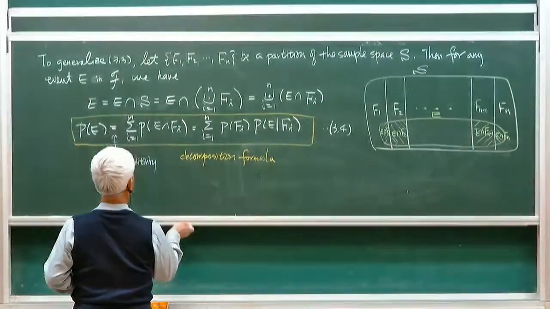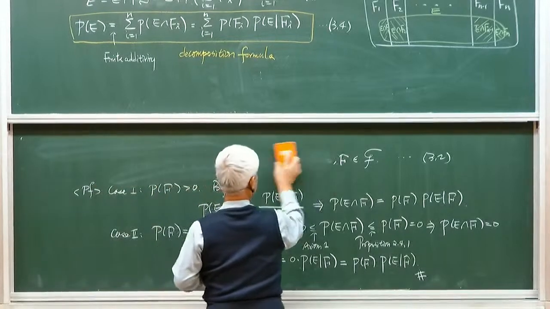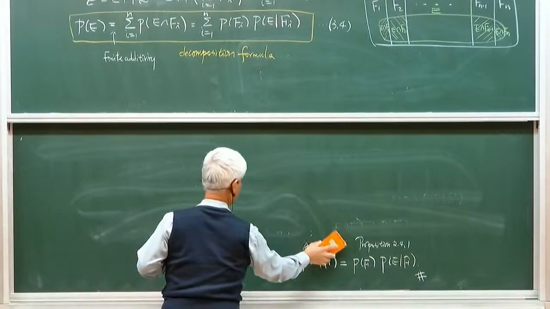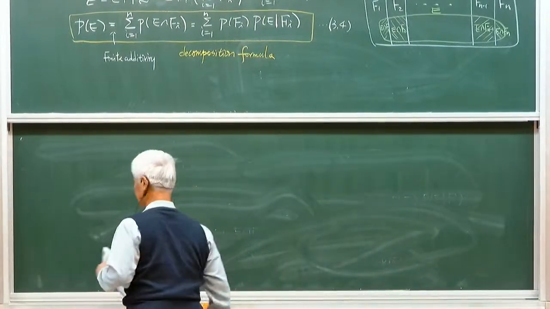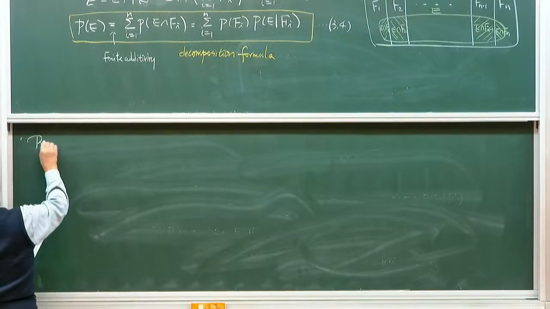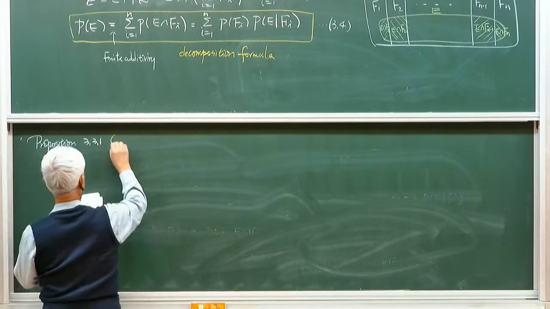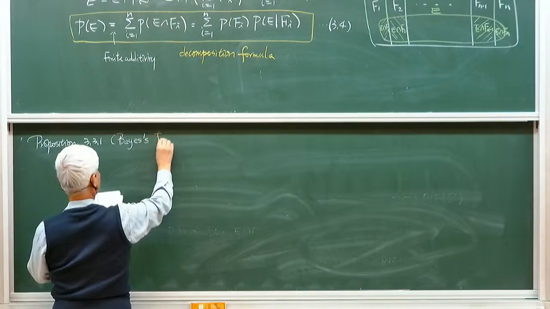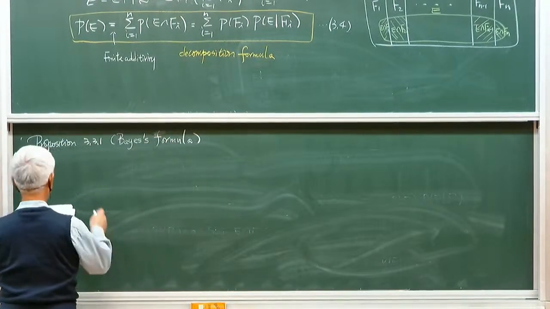With the general decomposition formula, now we can prove the following proposition, which is the general version of Bayes formula.